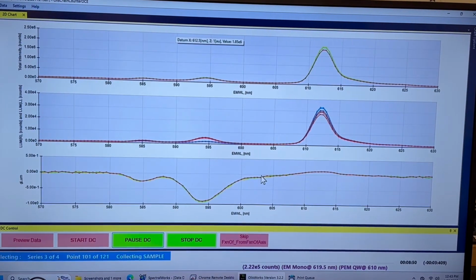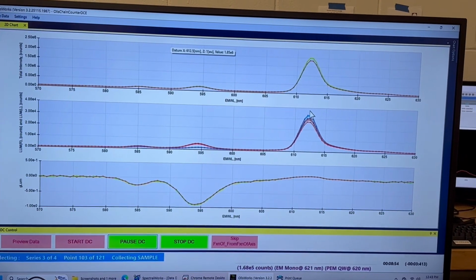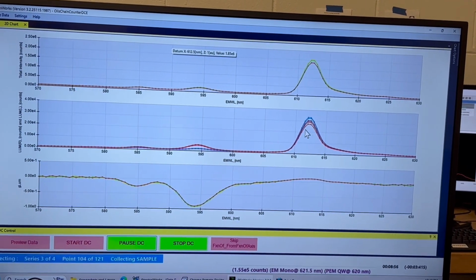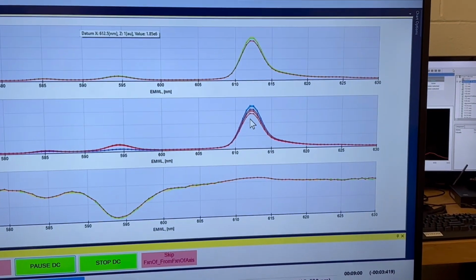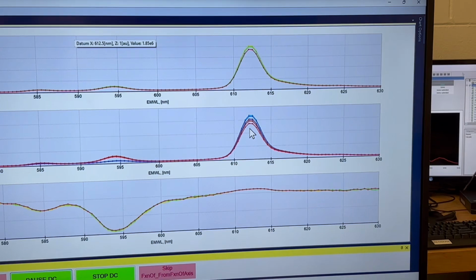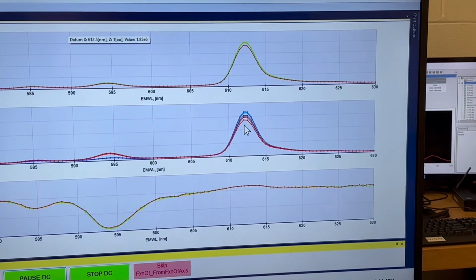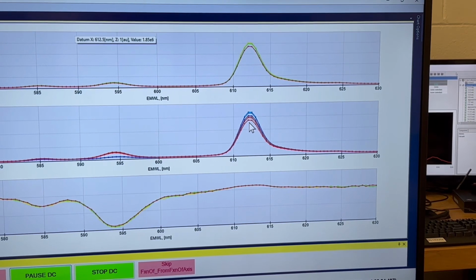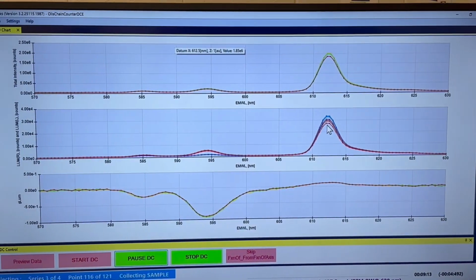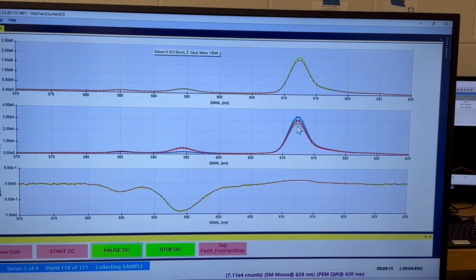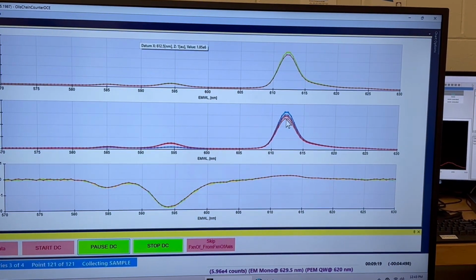Okay, now in this case, we see in the repeating scans, particularly here at 612, the great big peak is changing. That occurred because I've added about a quarter of the sample as water, which made the DMSO solution of europium stuff go from clear to cloudy.